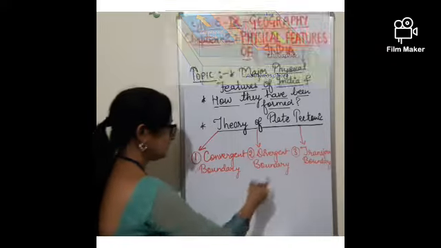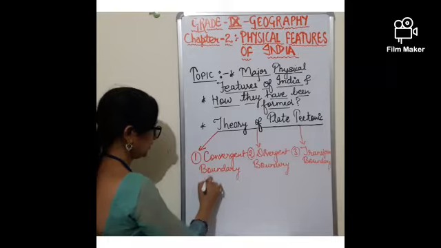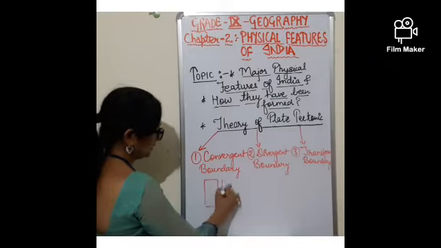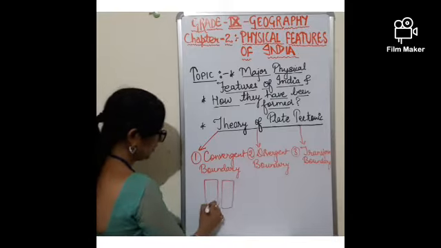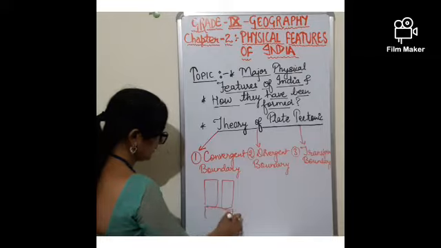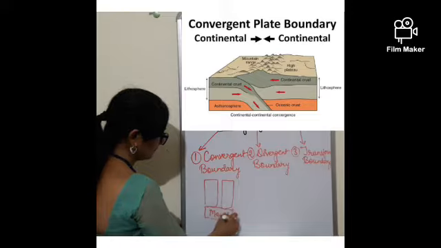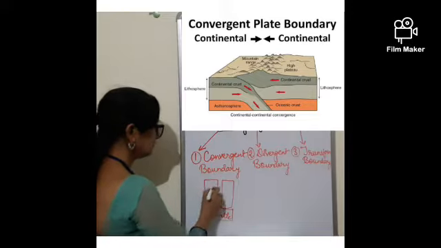Let us understand the movement of tectonic plates with the help of these diagrams. And below the layer of these tectonic plates, there is a layer of mantle. Now what happens under the convergent movement?